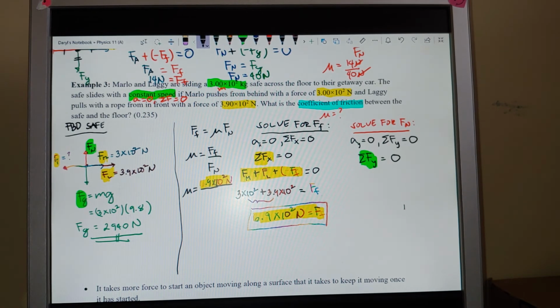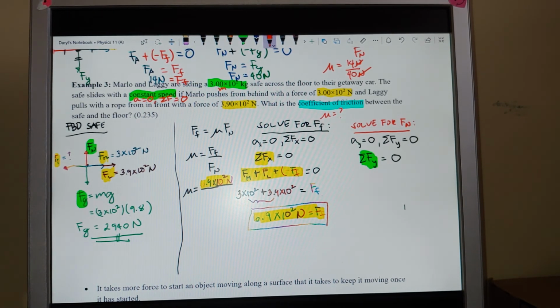So I have Fn, which is upward, and I use the convention that going up is positive, so Fg is negative, and the sum is equal to 0.